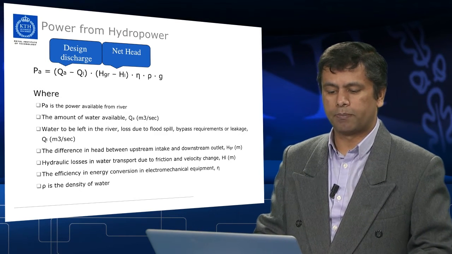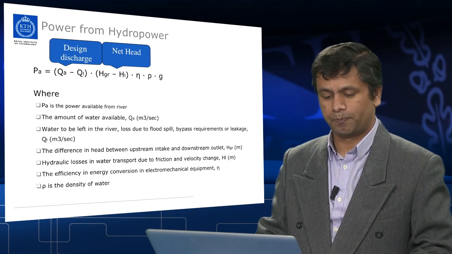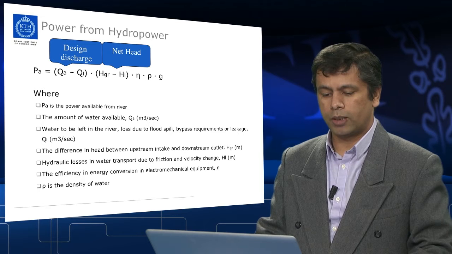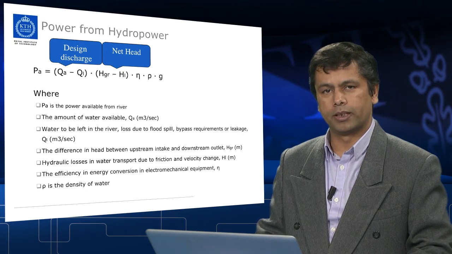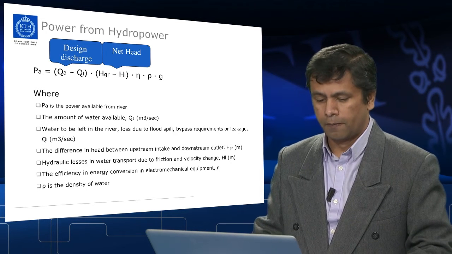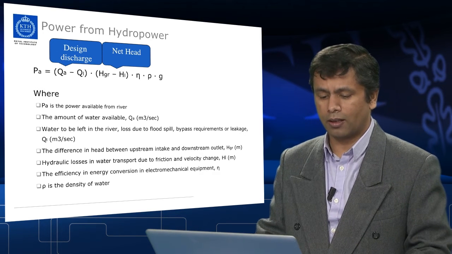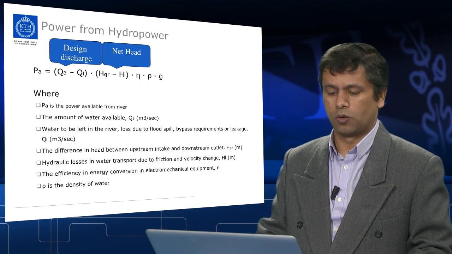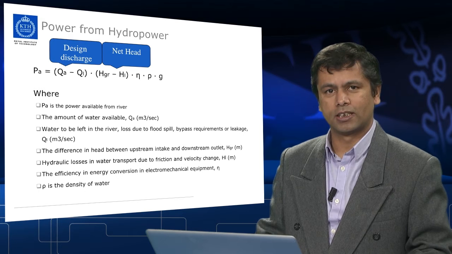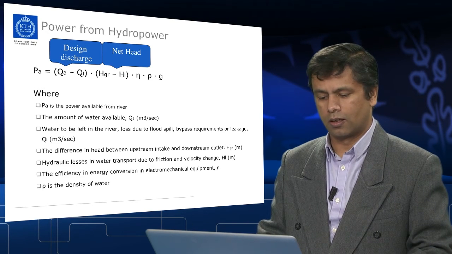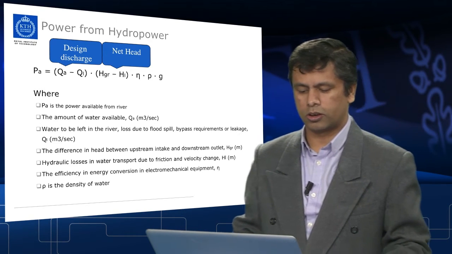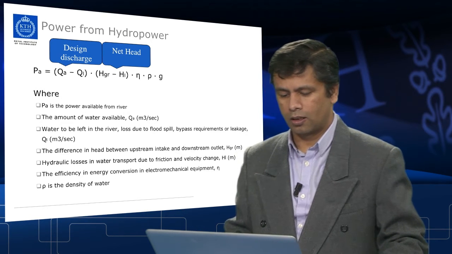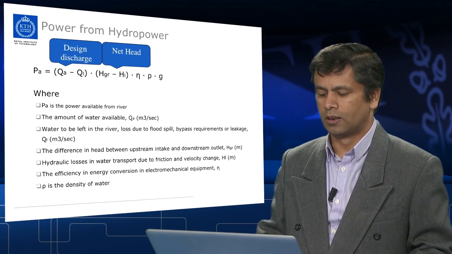Where P_A represents the power available from the river, and Q_A represents the amount of water available in the river, and Q_L represents the water that has to be left in the river or the water loss due to spill, flood spill or bypass or some leakages.